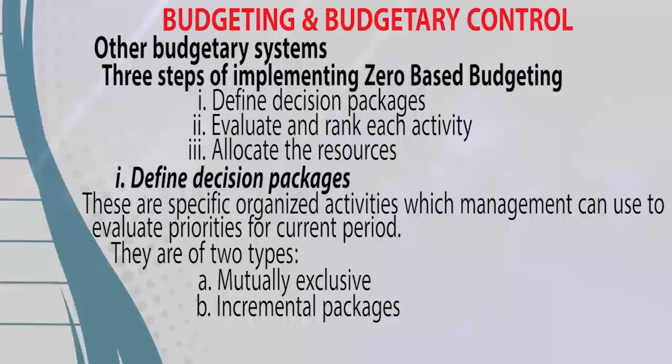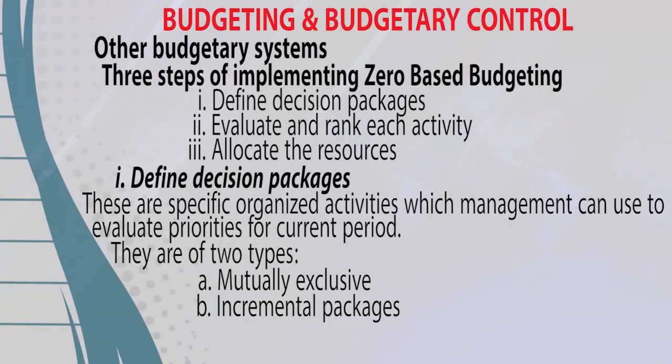For the mutually exclusive, they contain alternative methods of getting the same work done, and therefore selection is through cost-benefit analysis. And then incremental packages explain the levels of effort needed, that is, the minimum that needs to be done and the additional work to be done and the cost benefit of doing so.